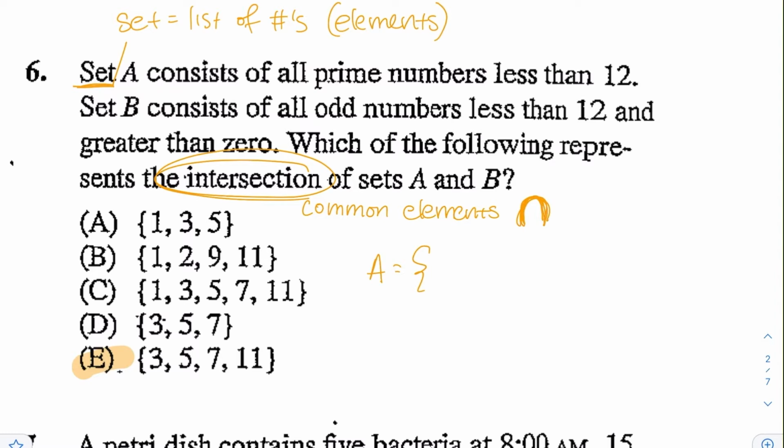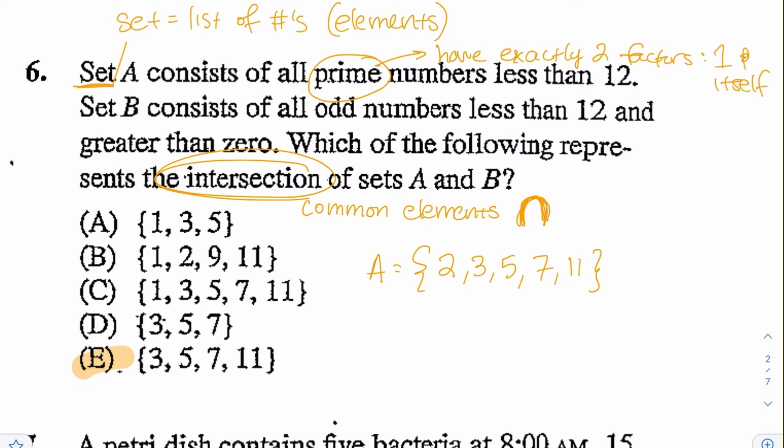It's all the prime numbers less than 12. So you have 2, 3, 5, 7, and 11. Remember, prime numbers have exactly 2 factors. So the 2 factors are just 1 and itself.